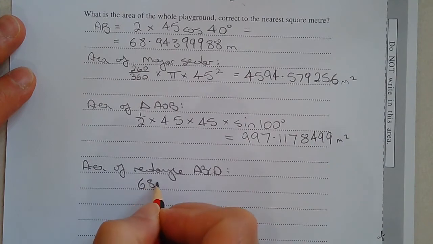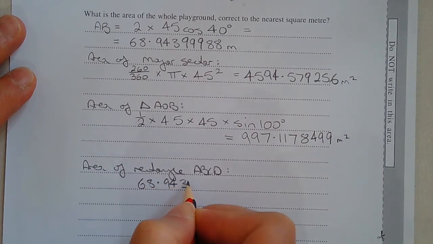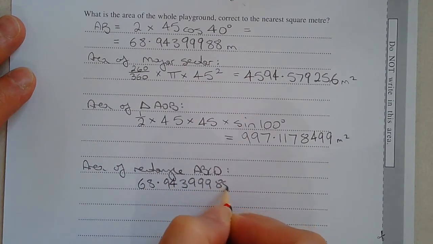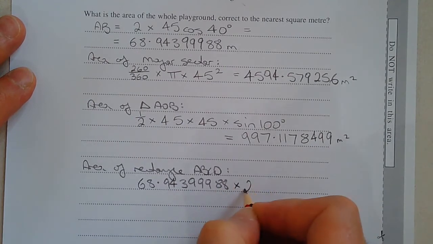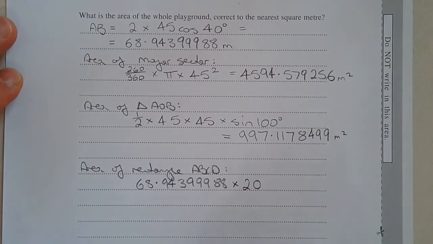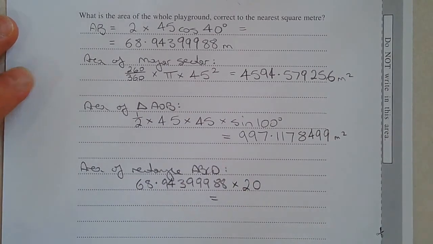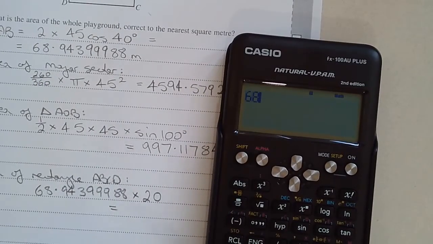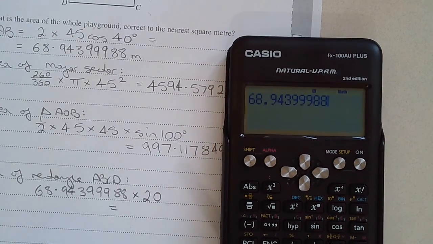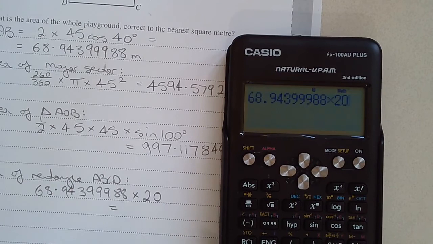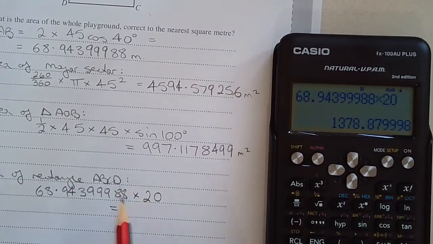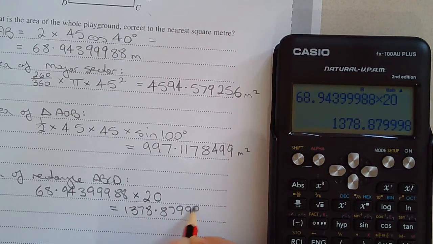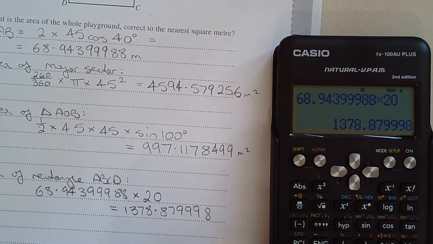So 68.9439988 multiplied by the width of this rectangle, multiplied by 20. That's the area of the rectangle, so 1378.8799998 square metres.